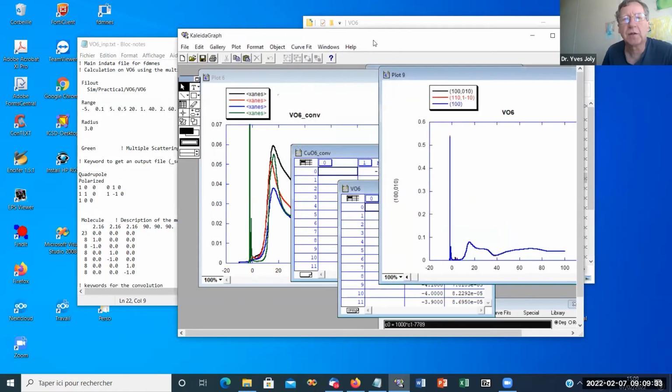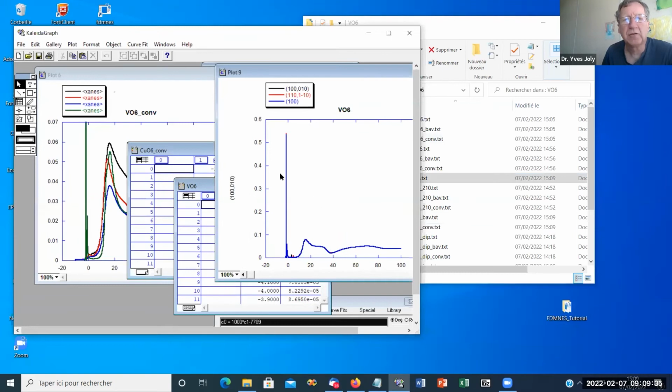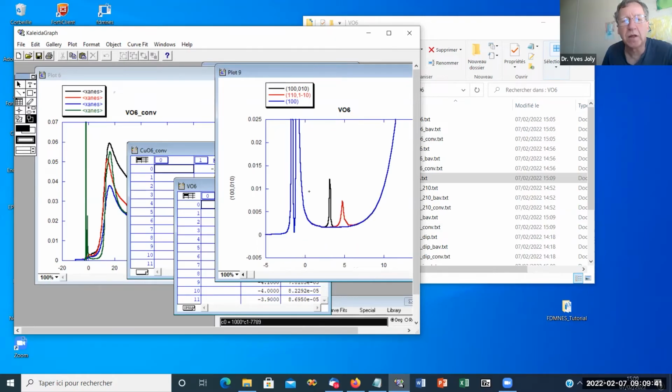New plot. So we see the blue, it's a dipole, but the others are below. But now you can see with this polarization and wave vector, I just probe the T2G state, and with the other conditions, rotating by 45 degrees, I just probe the EG state.